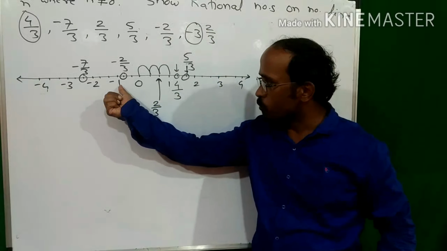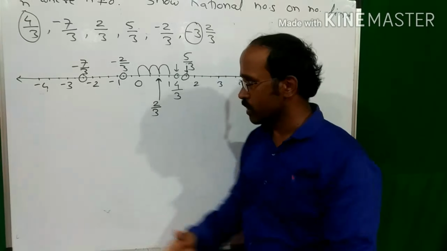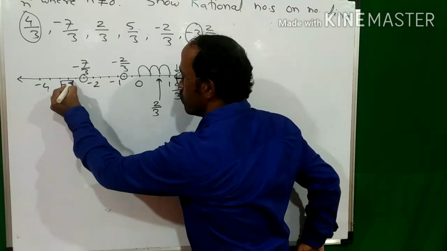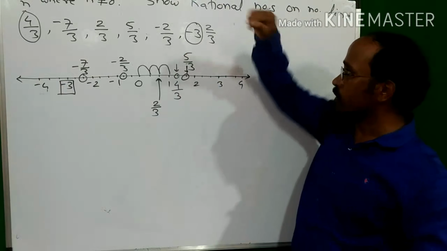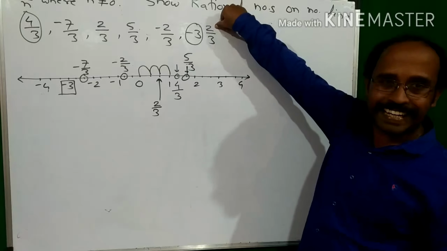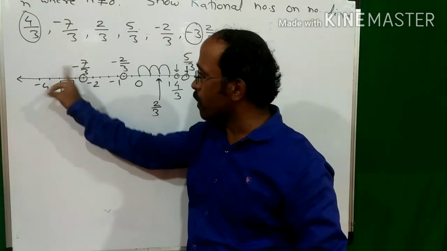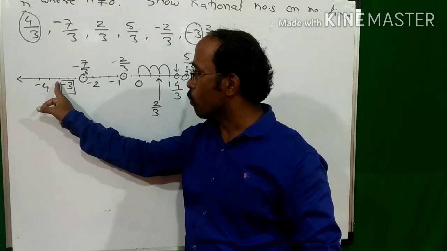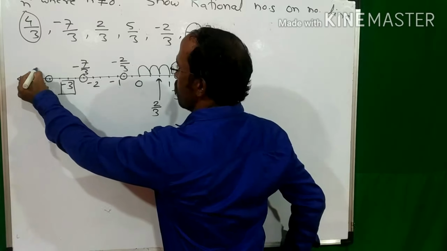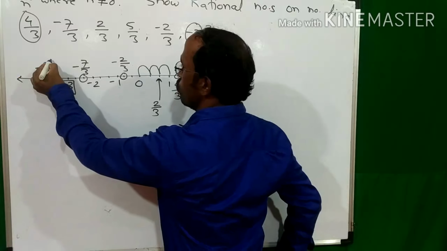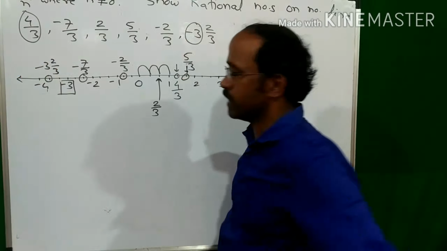This is minus 1, minus 2, minus 3. So here is the whole number minus 3. Got it? Now after this whole number, which partition do we have to show? Second partition. So after the whole number we have to see the second. 1, 2. This is the second partition. So this is our answer: minus 3 completed, 2 upon 3.